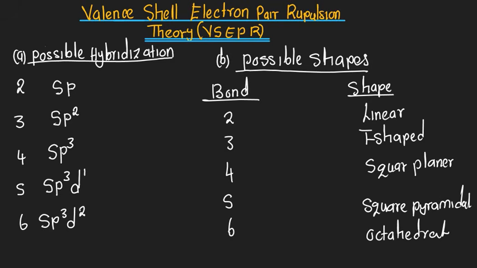How about the second one, when you have 3 bonds? Let's say ammonia. You have a nitrogen here, this hydrogen this side, that hydrogen this side, that hydrogen this side. 3 bonds. They make a T-like structure.